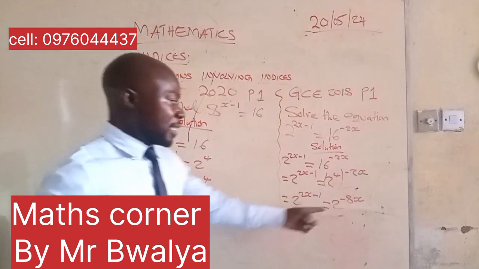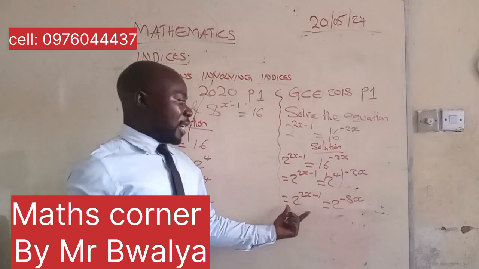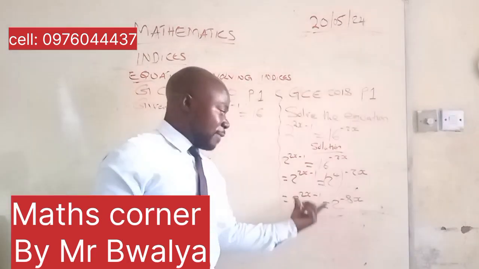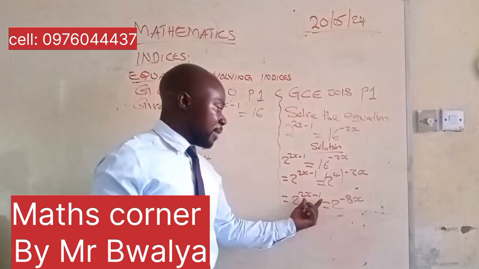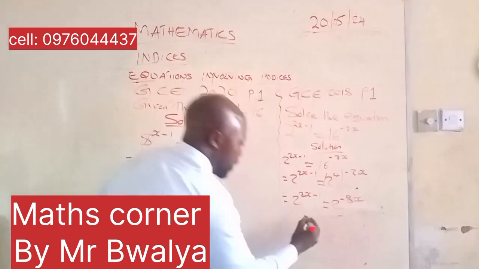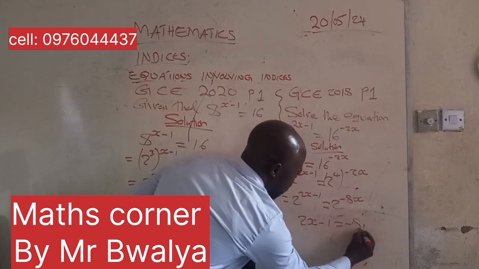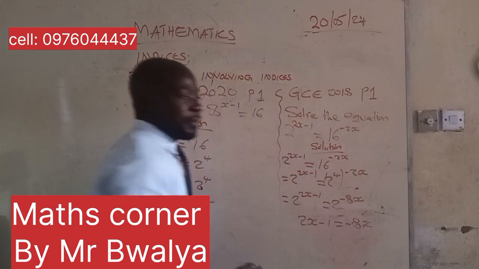Are we together? Then since we've got the same bases, the bases are equal, therefore we're going to equate the powers. So 2x minus 1 is equal to negative 8x.